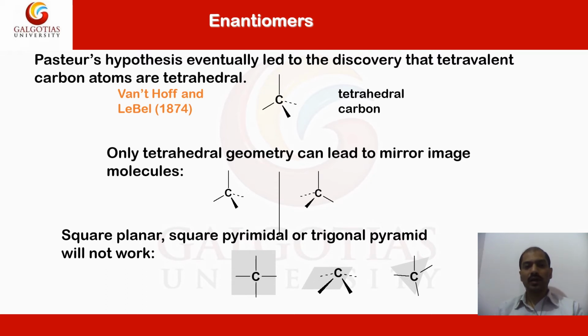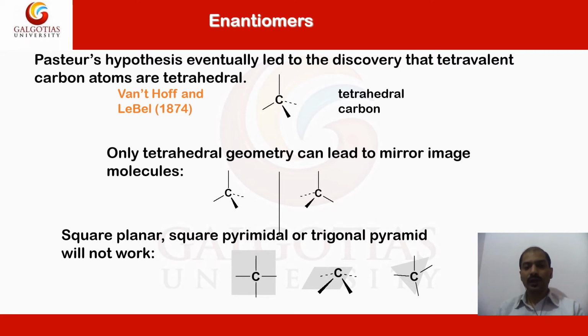This model and this arrangement for the tetrahedral carbon was given by Van't Hoff and Le Bel in 1874. Only tetrahedral geometry can lead to a mirror image molecule.